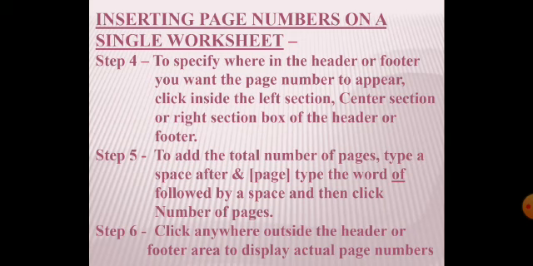Then to add the total number of pages, type a space after and type the word 'of' followed by a space and then click Number of Pages. And the last step is to click anywhere outside the header or footer area to display actual page numbers. After you have completed working in Page Layout View, on the View tab in the Workbook View group, you have to click on the Normal View option.